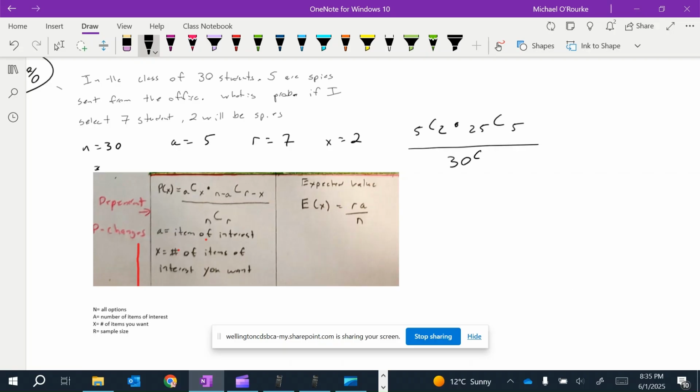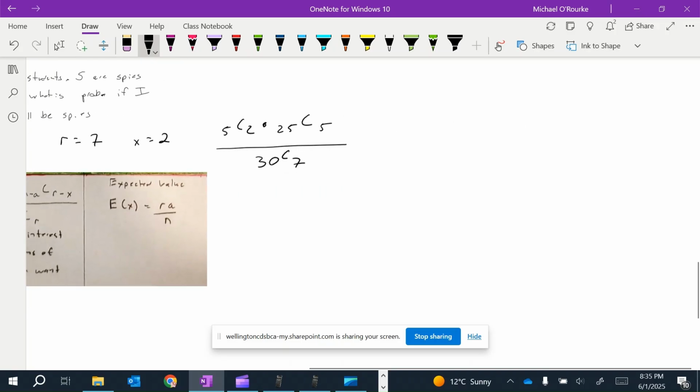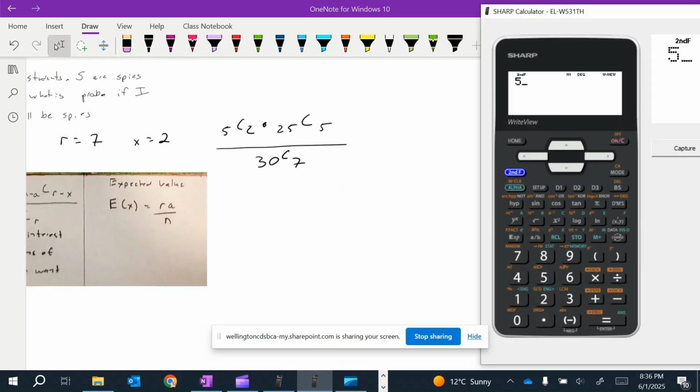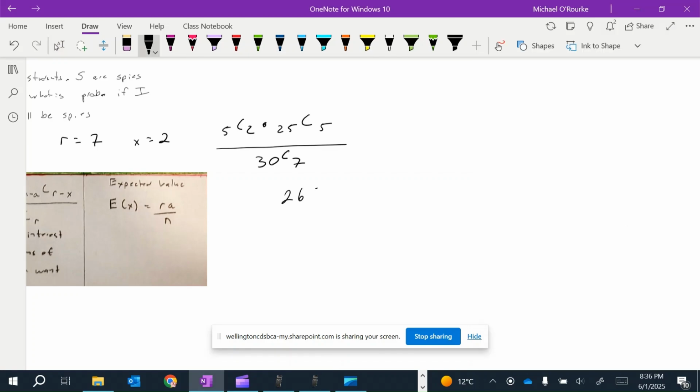Divided by 30 choose 7. So 5 choose 2 times 25 choose 5 divided by 30 choose 7. So the probability of getting exactly 2 in my sample is about 26%.